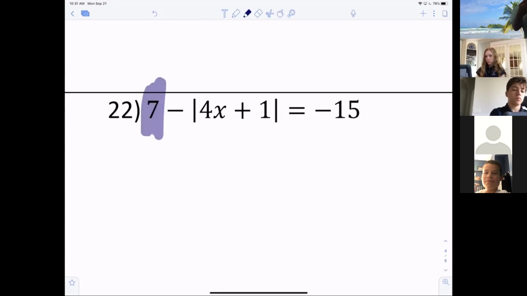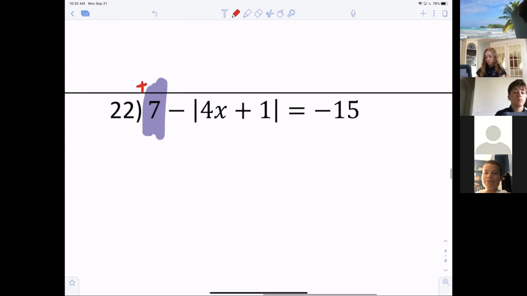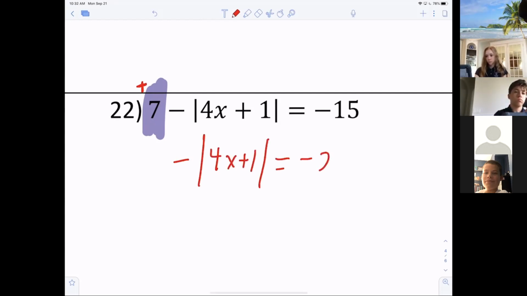The 7, yes. So what do I do with that? How do I undo this plus 7, Davis? By subtracting 7. Come on now, do you understand that or not? Yes. Okay, you subtract 7. So now negative absolute value of 4x plus 1 equals negative 22. Anybody have any issues with that?